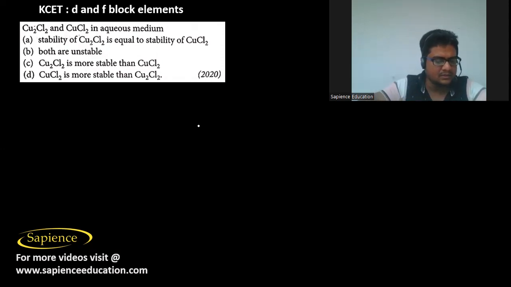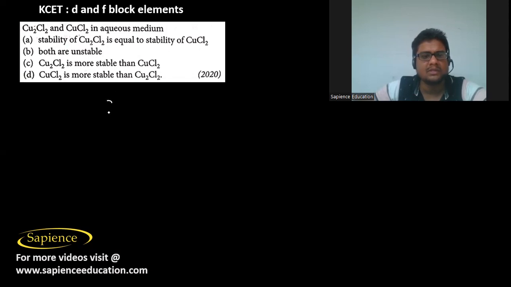Then it is told that Cu2Cl2 and CuCl2 in aqueous medium, the stability of Cu2Cl2 is equal to stability of CuCl2. No, it is wrong.